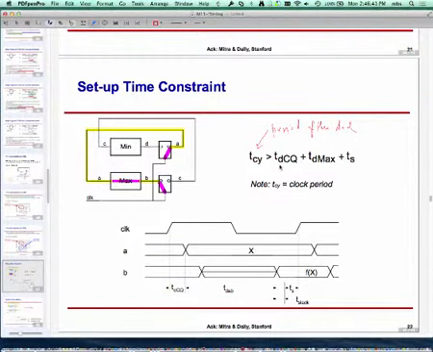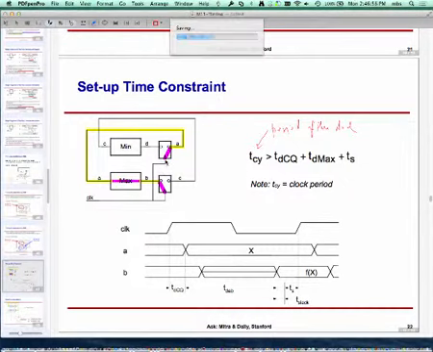Right? So it's basically saying whenever, let's say I'm looking at clock edge number 10. Whenever clock edge number 10 comes out here, it produces a new value. That value has to go through propagation delay.